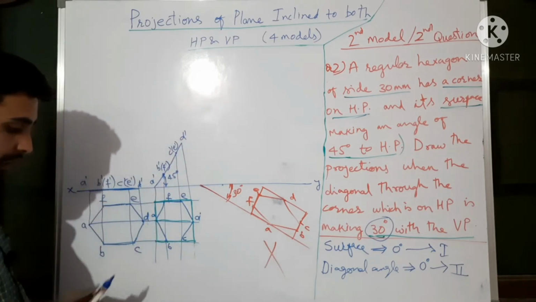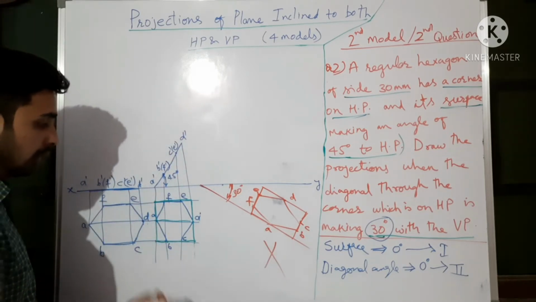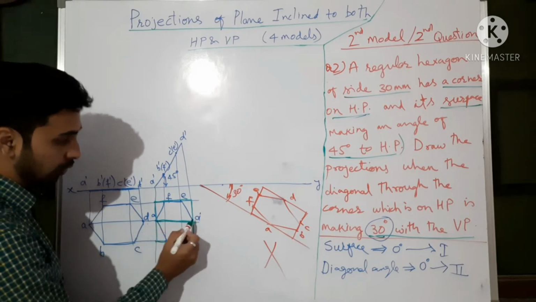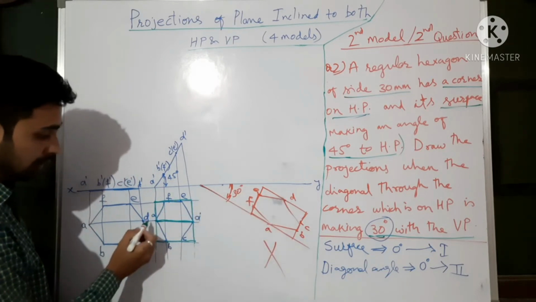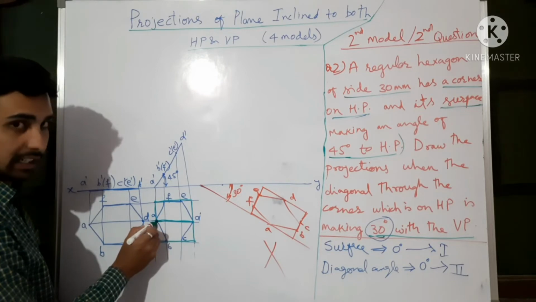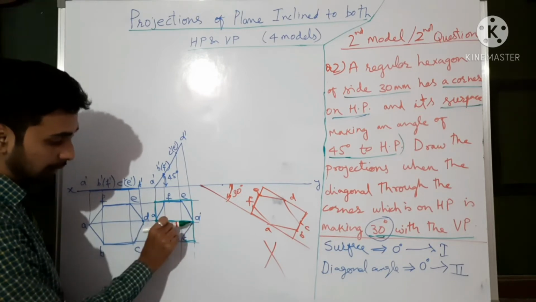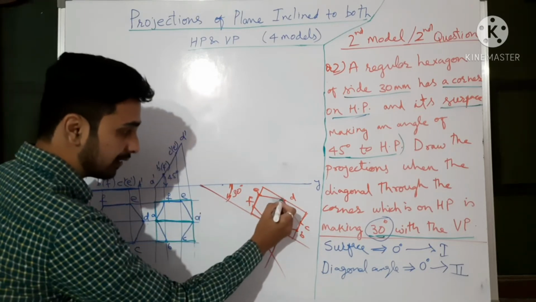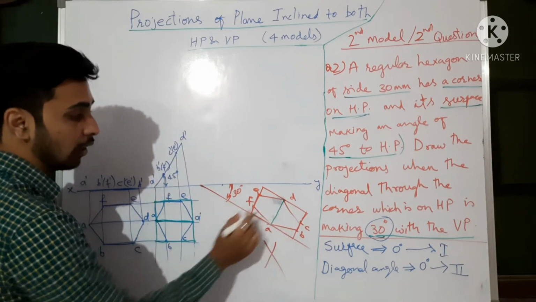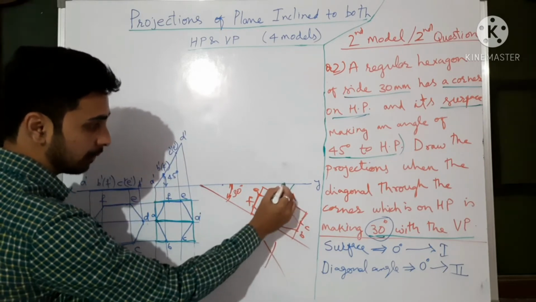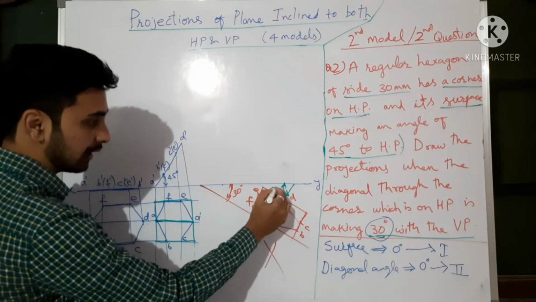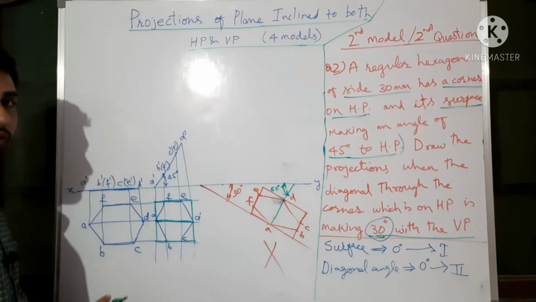How? See here, the diagonal AD should be at 30 degrees as per the question, because A is resting on HP. The diagonal from A should be at 30. Now what happens? The diagonal AD, how much is it making with respect to VP? 60 degrees. So this is what is wrong.